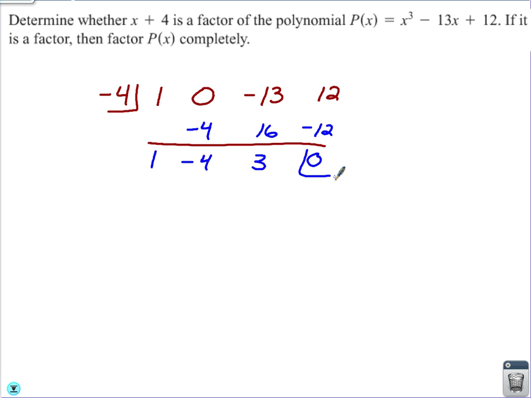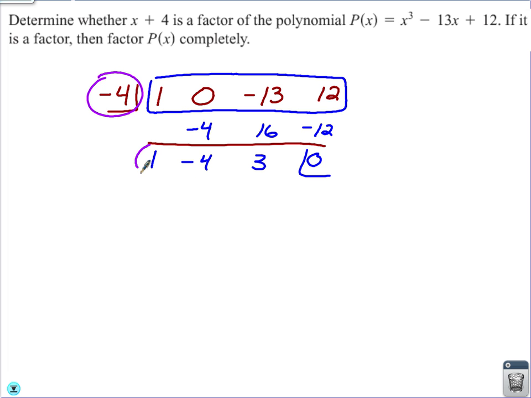Now here's what I want you to get used to. The same way that since 4 was a factor of 8, we could break 8 into 4 times 2. What you just did is you took x to the third minus 13x plus 12, and you divided it by x plus 4, and you got this stuff. Which, by the way, this stuff is 3, -4x, and positive x squared.